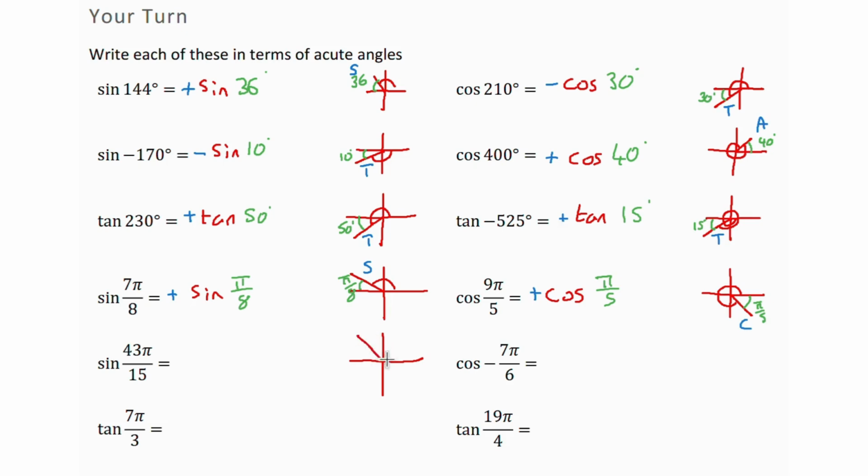So it's going to be up here. What is left over to get to pi from 13 pi by 15 to 15 pi by 15? That is 2 pi by 15. So this is related to sine of 2 pi by 15. And we are in the sine quadrant, so it is positive.